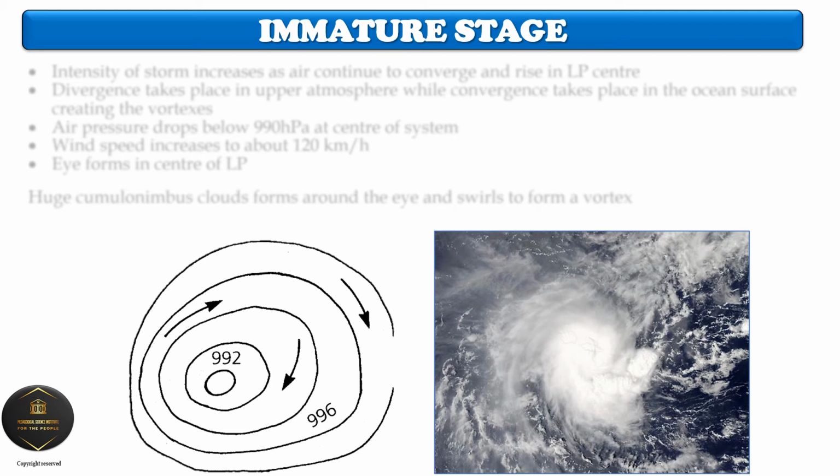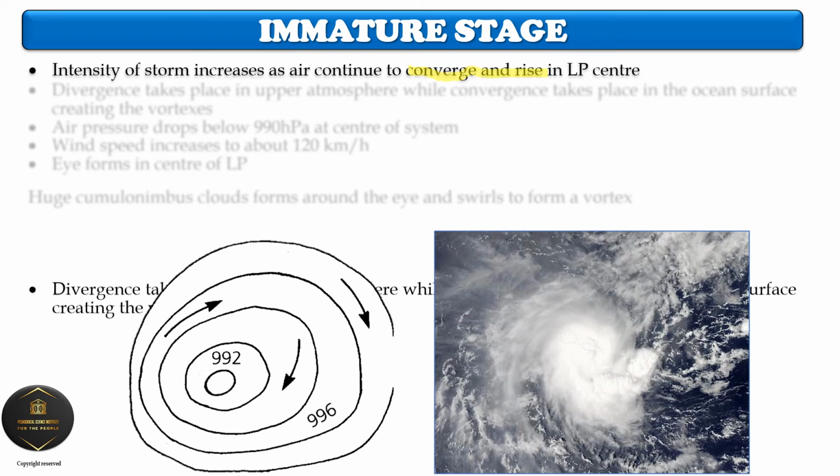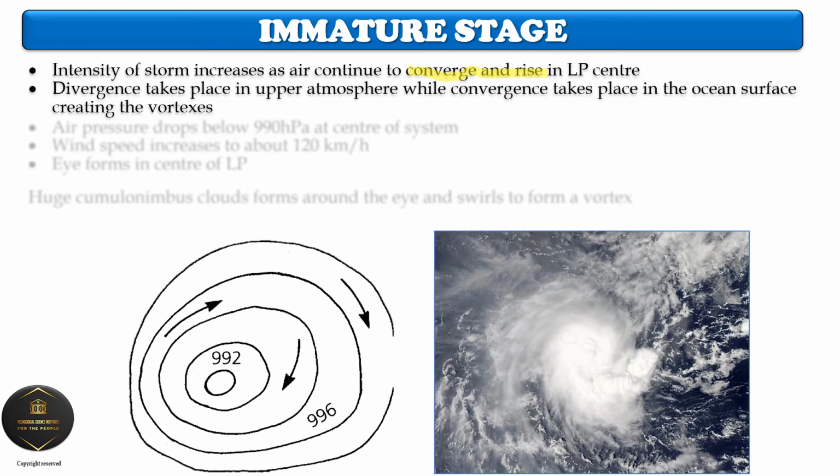And in the immature stage, the intensity of the storm increases, and what causes that? The convergence of air as it rises, and the low pressure cell also intensifies. And we know that divergence starts happening in the upper atmosphere, while convergence is happening where?